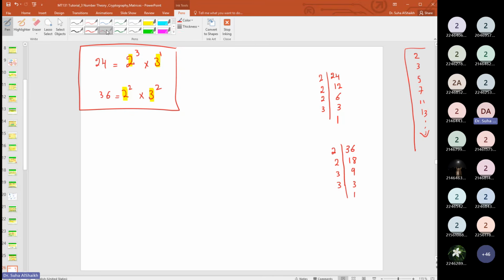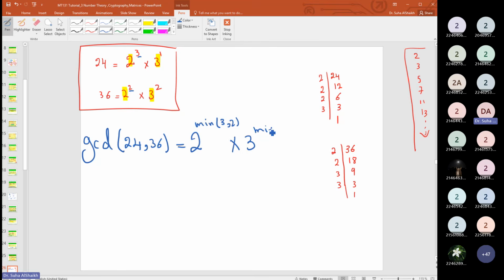In this case, the GCD between the two numbers, the greatest common divisor between 24 and 36, is equal to 2 to the minimum power of the two powers that we have, which is the minimum of 3 and 2, multiplied with 3 to the minimum power of the powers of 3, which is 1 and 2.